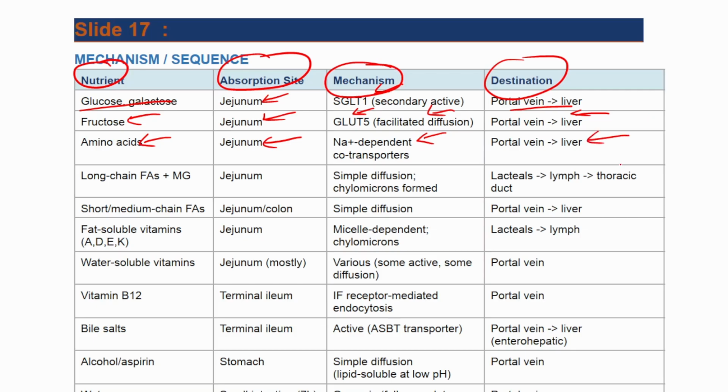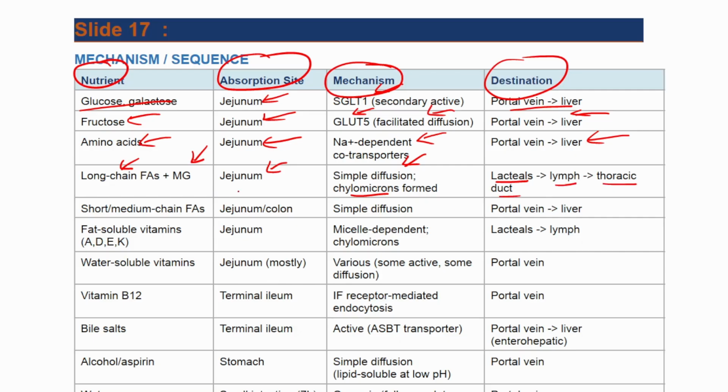While these water-soluble building blocks enter the blood capillaries directly, hydrophobic lipid groups must be handled through a completely distinct structural pathway. Long-chain fatty acids plus monoglycerides are absorbed in the jejunum via simple diffusion, initiating a sequence where chylomicrons are formed to route the fats through lacteals into the lymph, terminating at the thoracic duct.